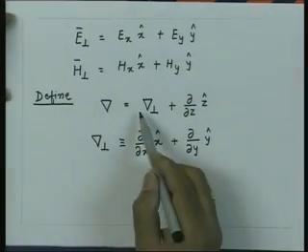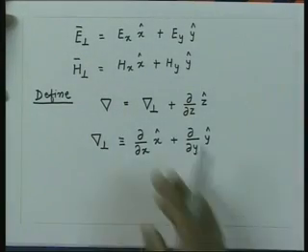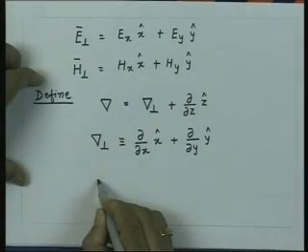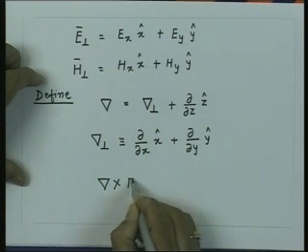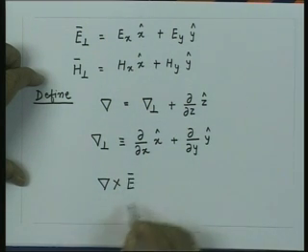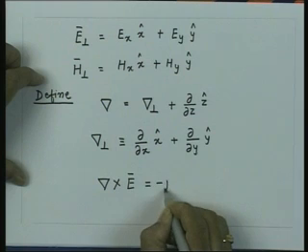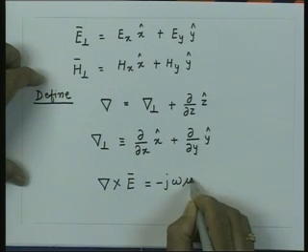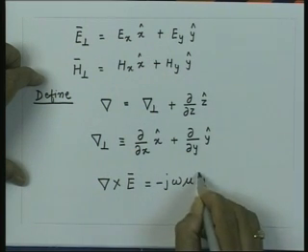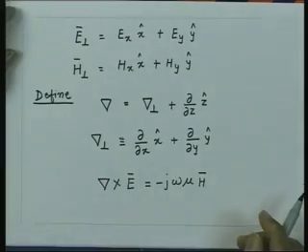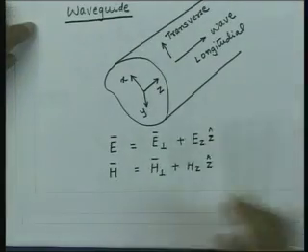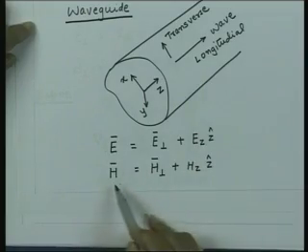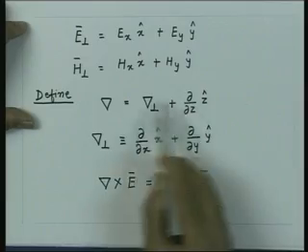Now, we can just take this and substitute into any of the Maxwell's equations, and we can take the Maxwell's equation del cross E is equal to minus j omega mu into H. So, I can substitute now for E, which is E transverse plus E longitudinal, H is H transverse plus H longitudinal, and del, which is given by this.